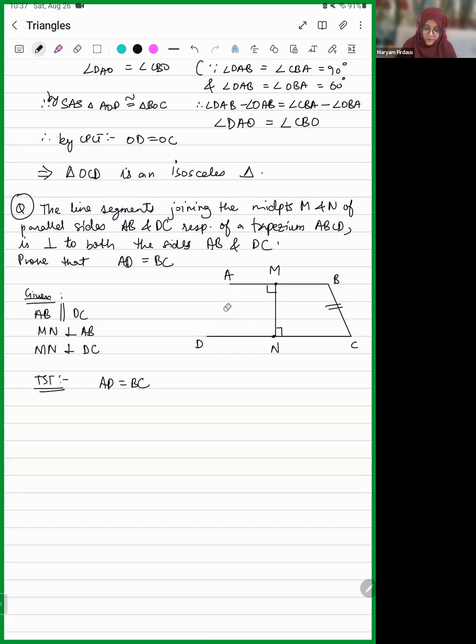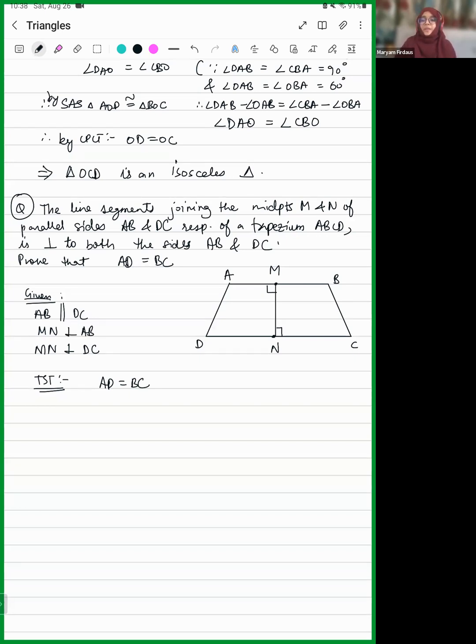How will we show that? It's not given that AD is equal to BC. Since it's a trapezium, won't it be equal? No. In a trapezium, opposite sides do not have to be equal.